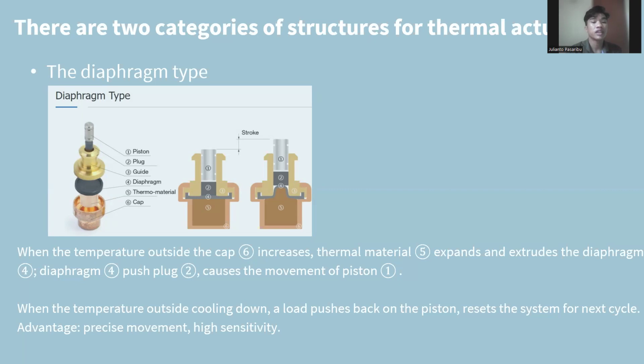When the temperature outside cap number 6 increases, thermal material number 5 expands and extrudes the diaphragm, number 4. Diaphragm number 4 pushes hook number 2, causing the movement of piston number 1. When the temperature outside is cooling down, it allows push back of the piston, resetting the system for the next cycle. Advantage: precise movement and high sensitivity.